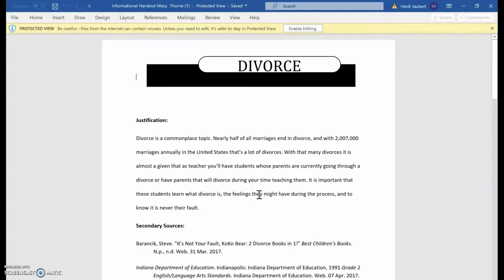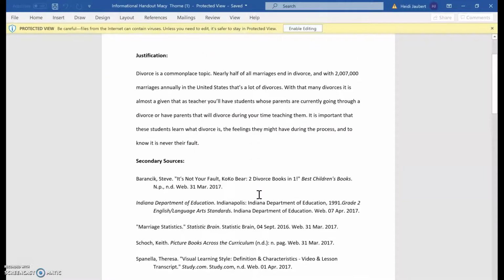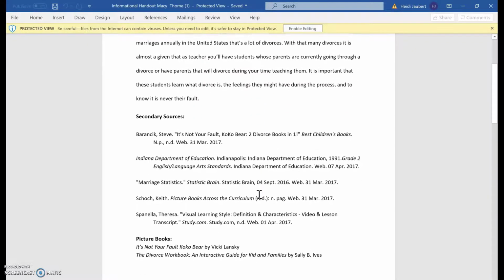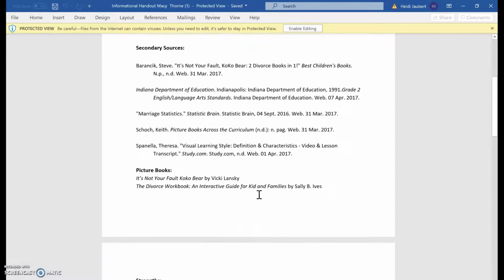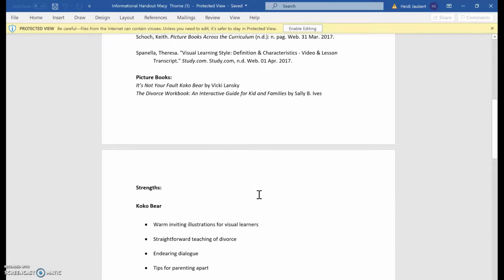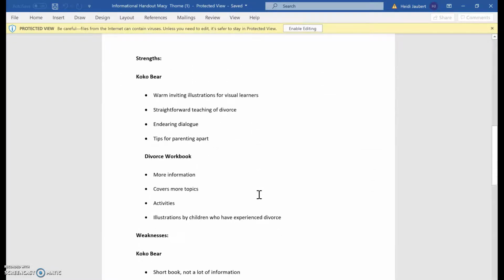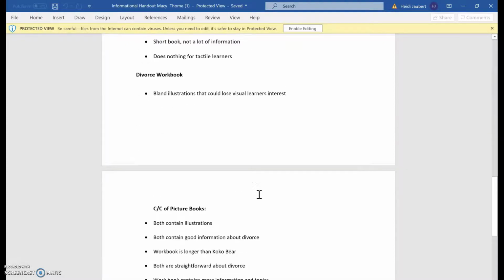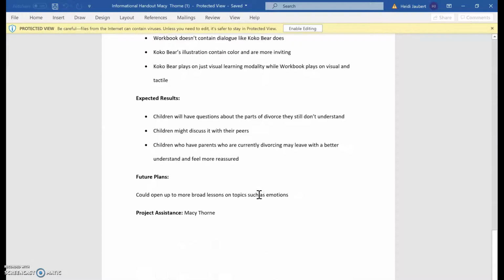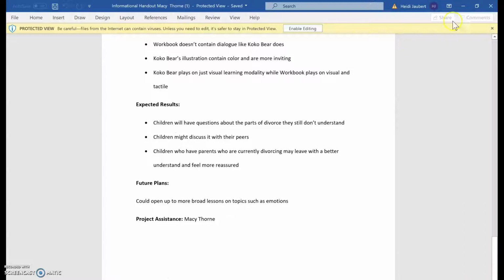This person talked about divorce and she gave the justification. These are the secondary sources that she's using. She's quoting the Department Standards Grade 2 English Language Arts. She talked about marriage statistics. These are the 2 books that she used. She talks about the strengths and the weaknesses, the comparison and contrast, the expected results, future plans, things like that.